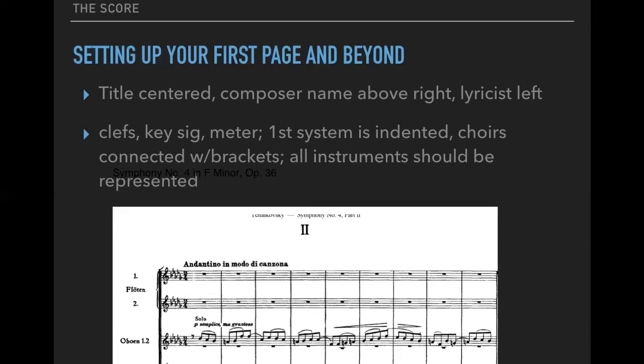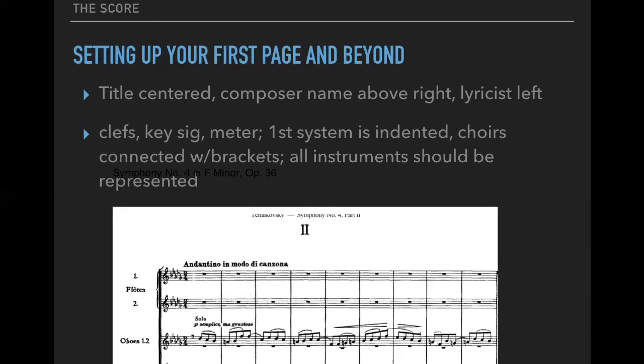Okay, and this is another important thing. A lot of people think, oh, I'll just save space by not showing all the instruments on the first page. Well, actually, this is where you should represent everything. In fact, in general, for an orchestral piece, it's customary not to simplify, as in, even if you have a rest for a lot of instruments, it's typical to see all of the instruments on every page.